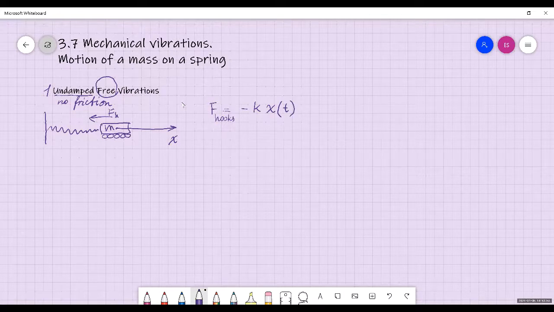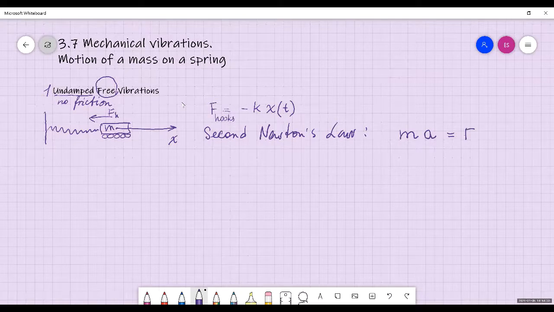Now, let's apply to this situation Newton's second law, which tells us that the acceleration of the mass multiplied by the mass is equal to the net force applied to the mass, right?